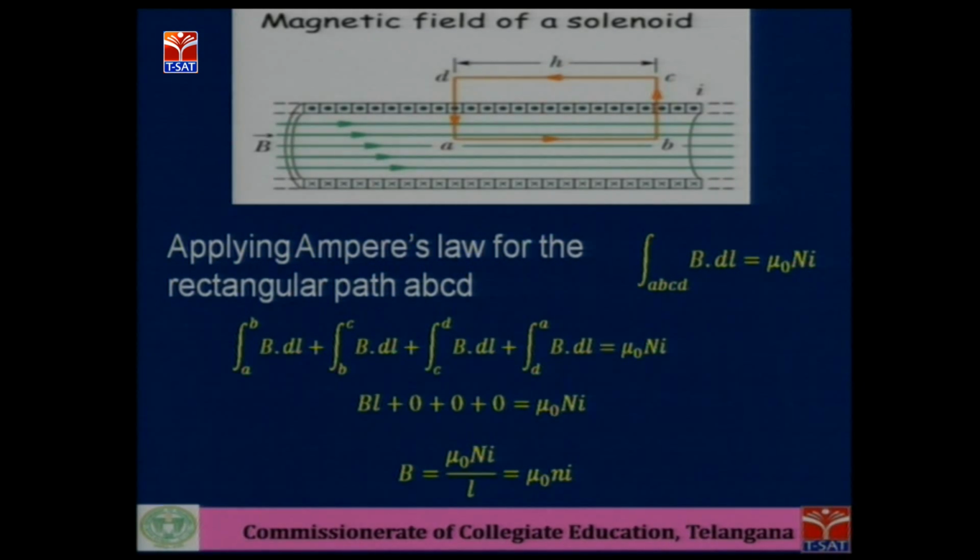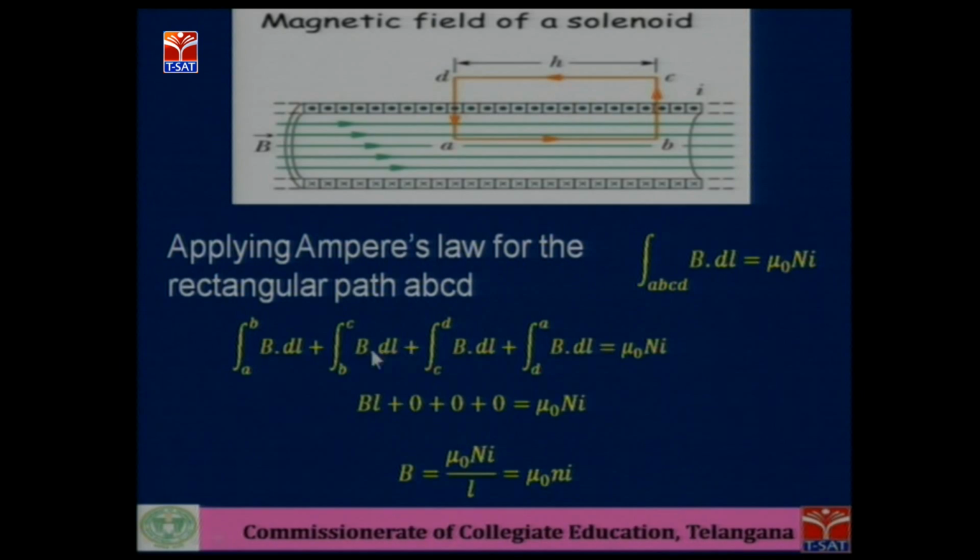For each loop, Ampere's law becomes the integral of B dot dl equal to mu naught I. So if two loops are there, the magnetic field is double. If three loops are there, the magnetic field is triple. So if there are N number of turns in the solenoid, then we can consider the line integral of B dot dl as mu naught N i.